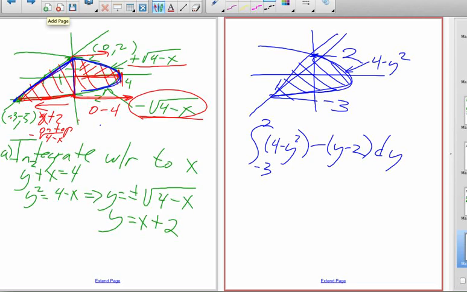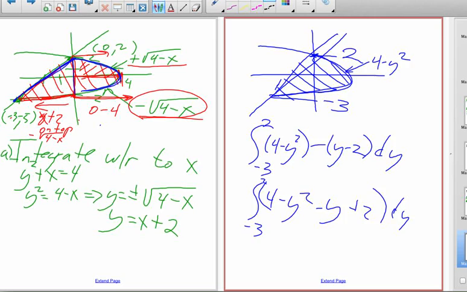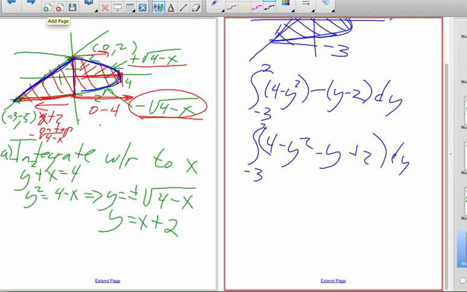All right, and so now we do some algebra to clean this up. Integral from -3 to 2. And I'm going to have a 4 minus y squared minus y plus 2 dy, and I'm going to go ahead and continue to combine like terms as much as possible.